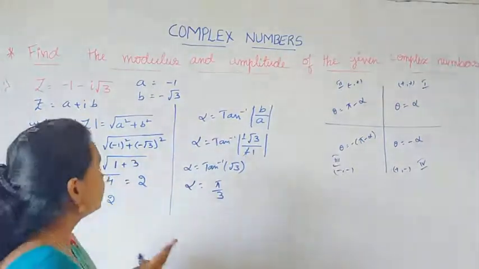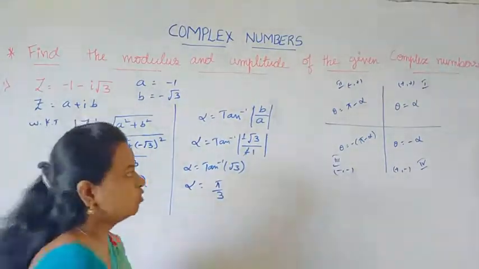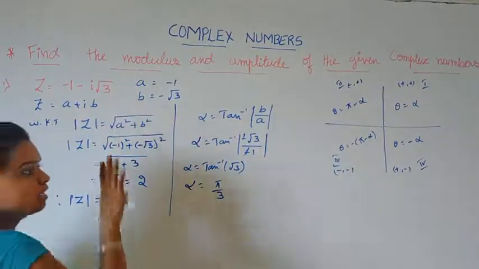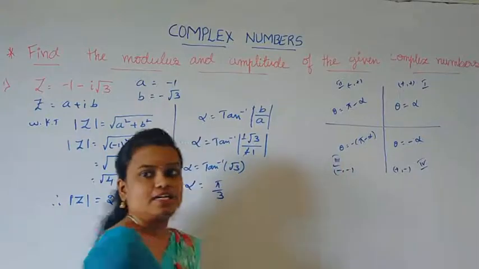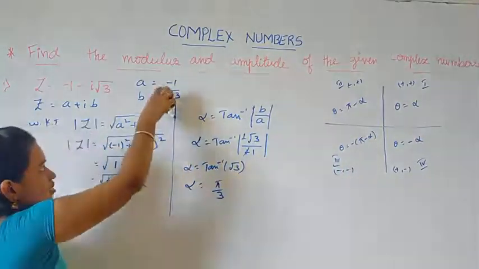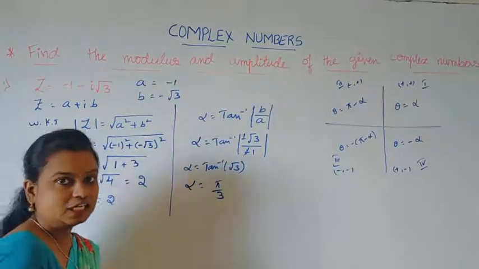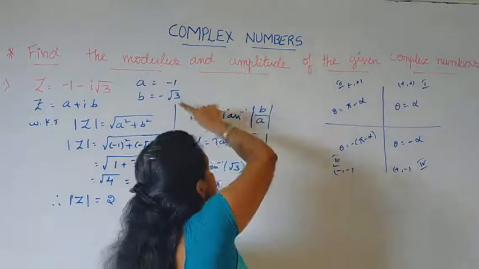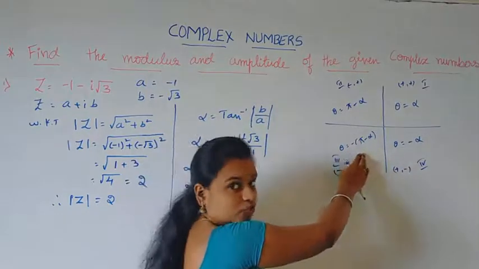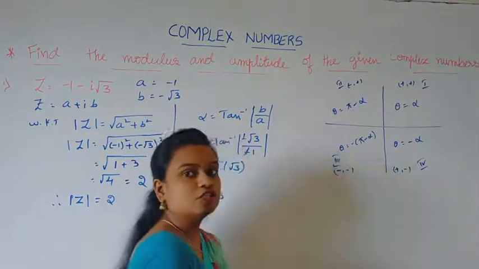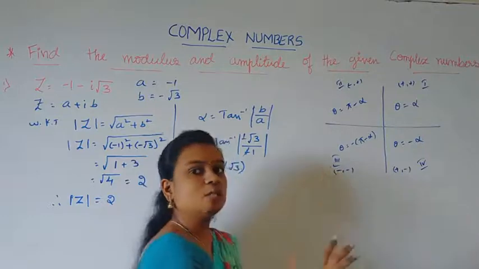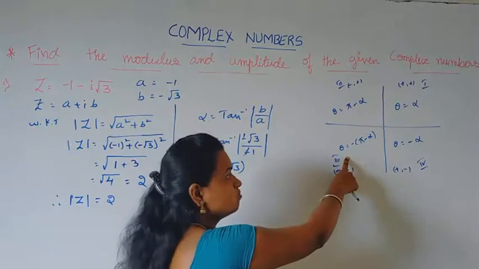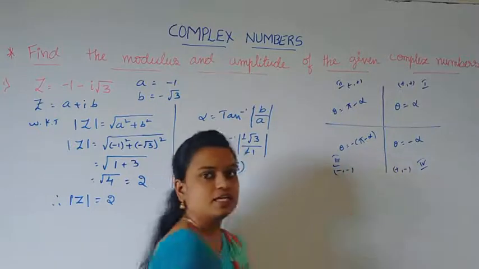Both real and imaginary parts are negative. So minus, minus pi minus alpha.